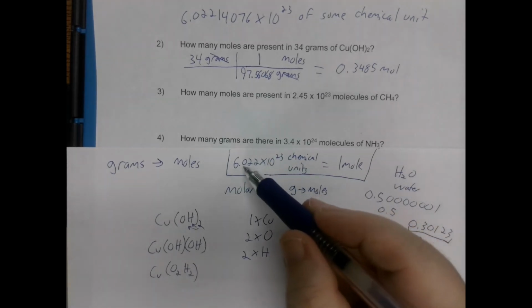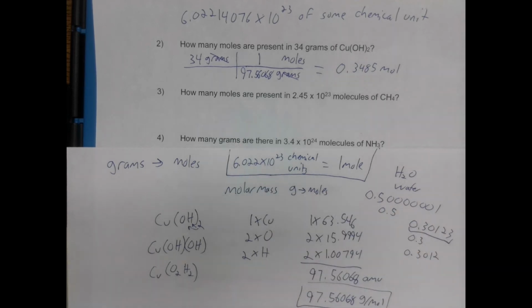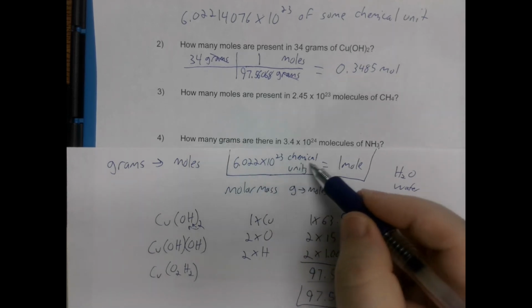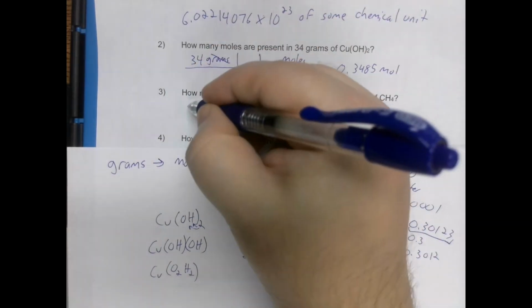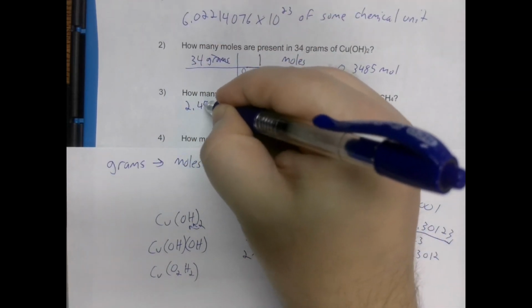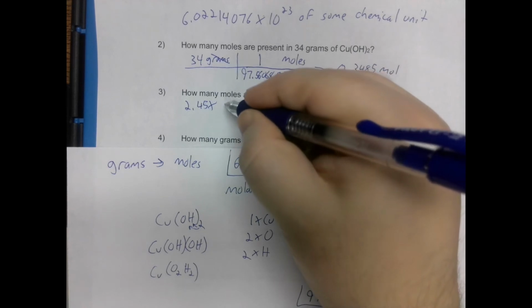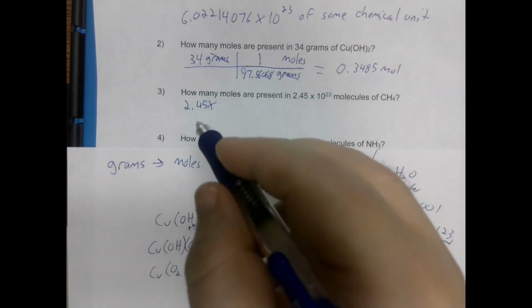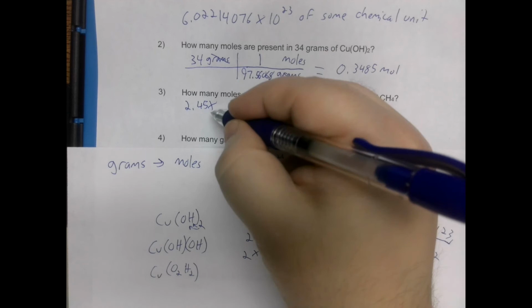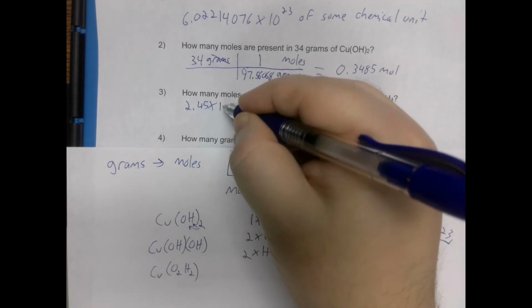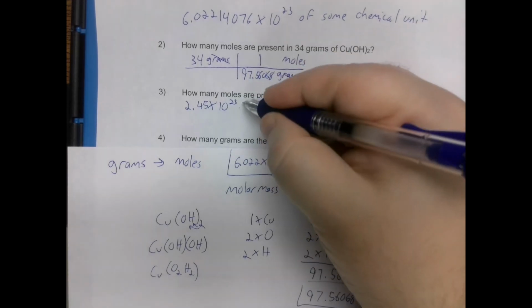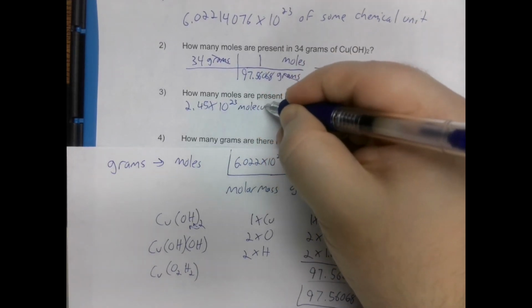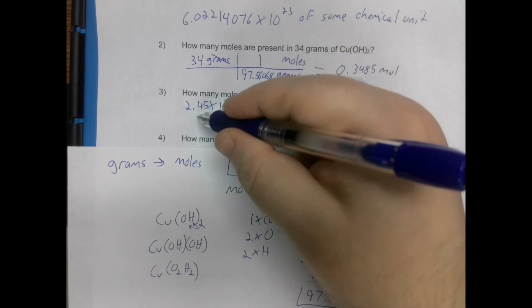We know that there are 6.022 times 10 to the 23 molecules in 1 mole. So we use this number. So we start with what we're given, 2.45 times 10 to the 23 molecules. By the way, there is no way to abbreviate molecules.